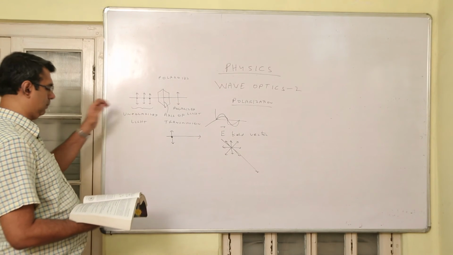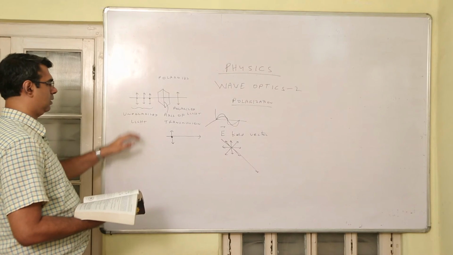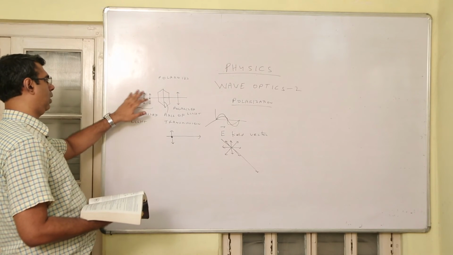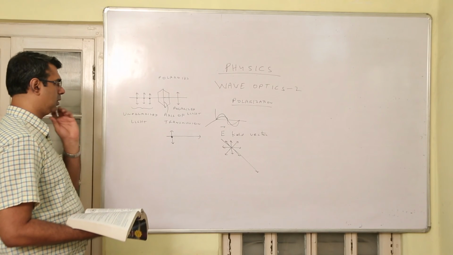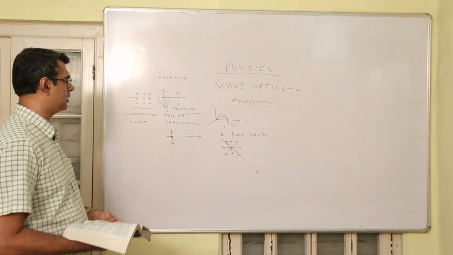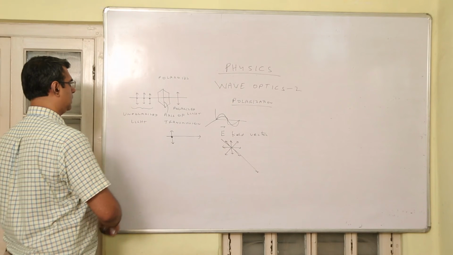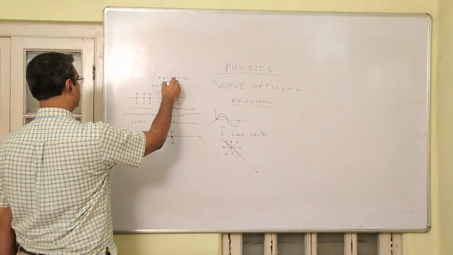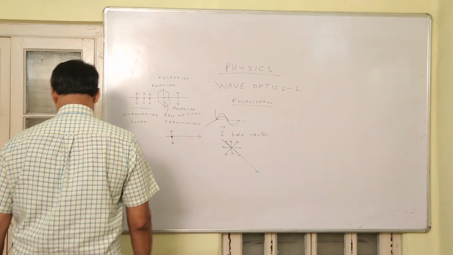Whereas in case of unpolarized light, the vibrations of the electric field vector can occur symmetrically in all possible directions perpendicular to the plane of propagation. So that is the difference between unpolarized light and polarized light. Now this device, in this particular experiment, we refer to as the polarizer.